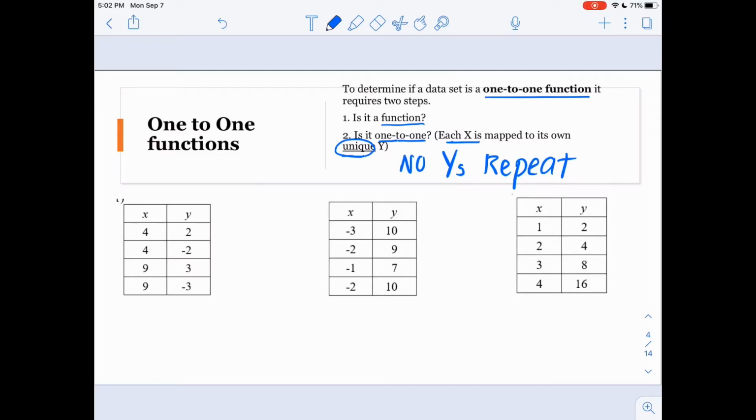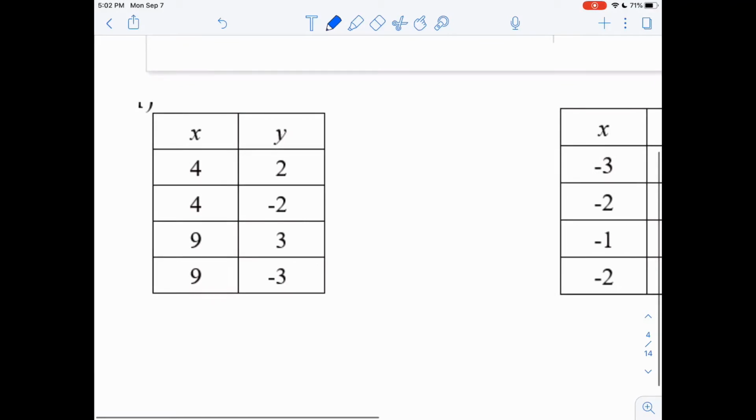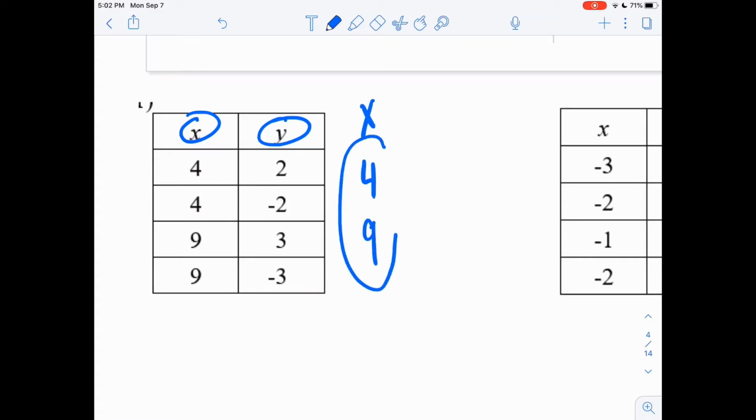So let's take a look at this first table. I'm going to map my inputs to my outputs. My inputs are 4 and 9. My outputs are 2, -2, 3, and -3.